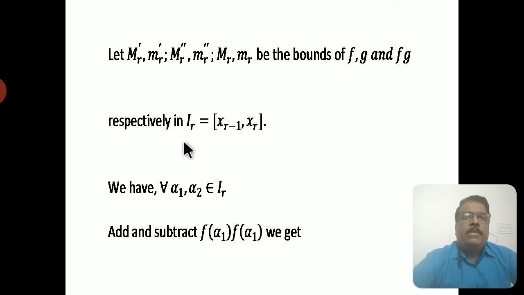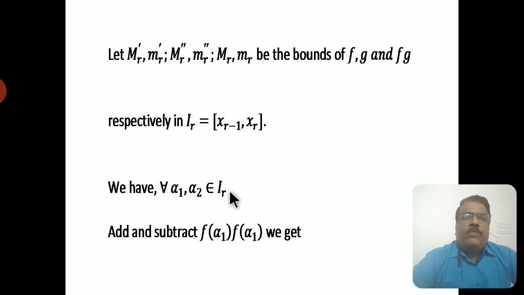Similarly capital M_r'' and small m_r'' are the upper and lower bounds of the function g. Then capital M_r and small m_r are the bounds of the product f into g, respectively in the interval [x(r-1), xr]. Is it clear?